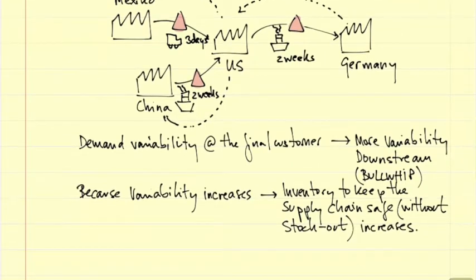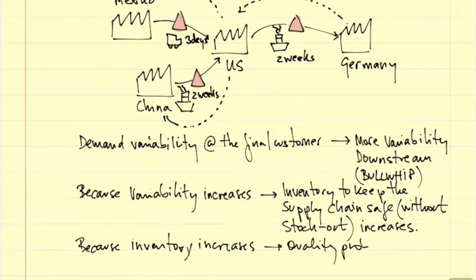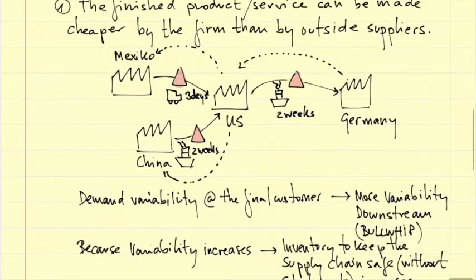Because inventory increases, quality problems hit harder. Imagine I have 2 weeks inventory in the ship between the US and Germany.